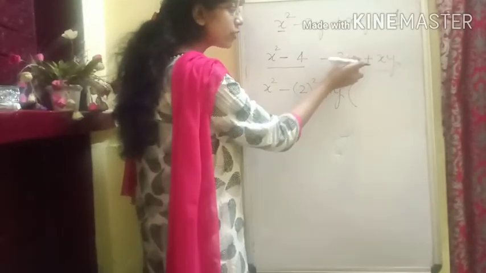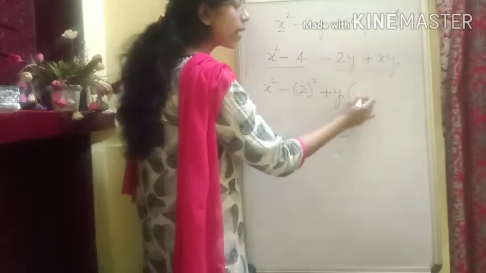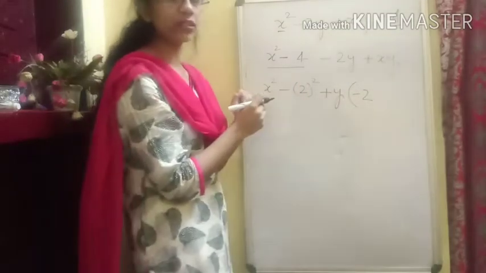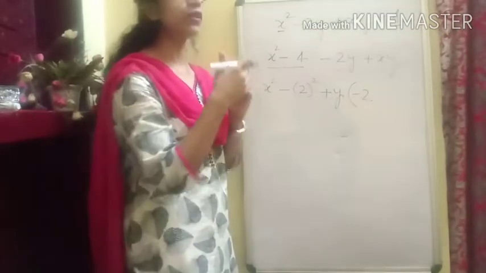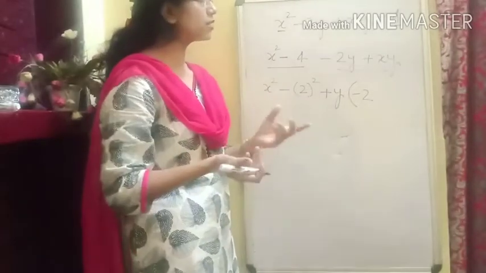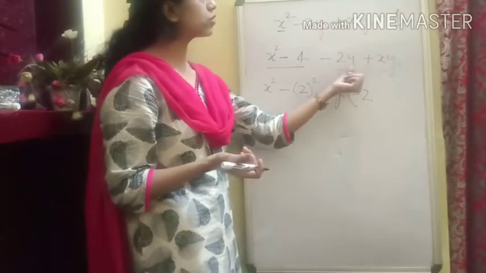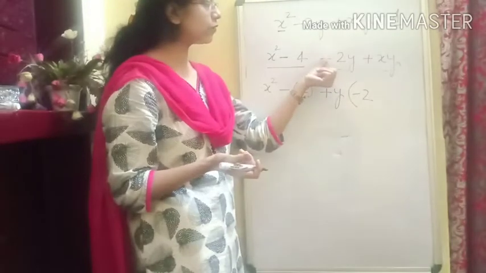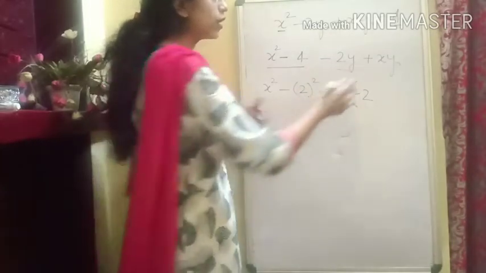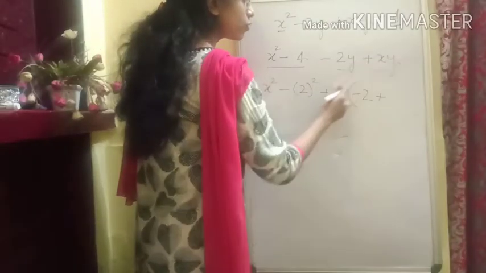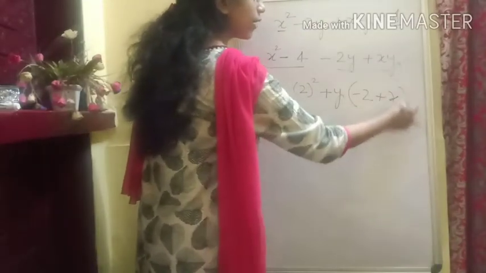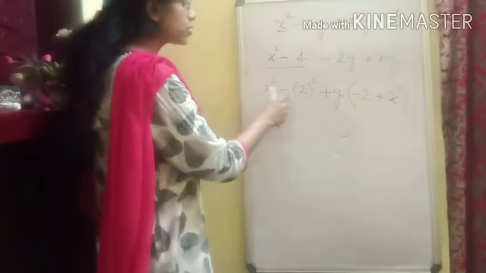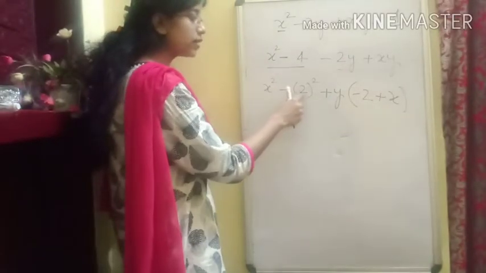Now we have taken plus common, so the sign will not change since y is common. So in the first term, y common, what are we left with? Minus 2. Are you getting my point? Whenever we take plus common, it will never change the sign. So signs will be same. In the first term, y we have taken common, so it was with minus sign, so we are left with minus 2, and plus y is common, so we are having this x. Okay. Now these two terms, we have a square minus b square.